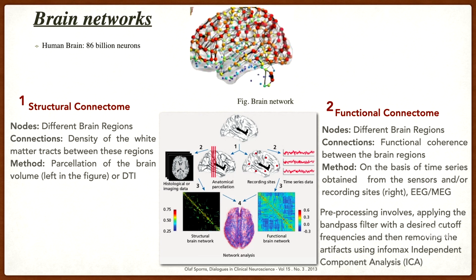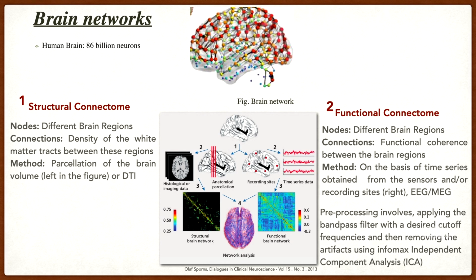So if we do not have the cell level connectome, what do we have for the other species? What we have are either the structural connectome, where the nodes are not the cells but the different brain regions, and the connections between them could be the nerve fibers that are connecting those brain regions, and therefore it is called the structural connectome.